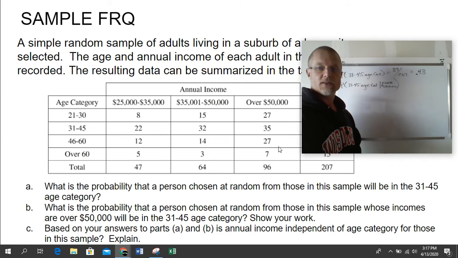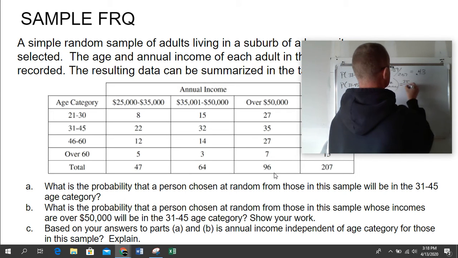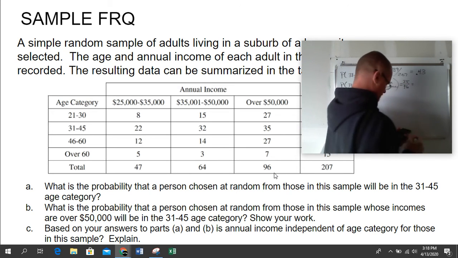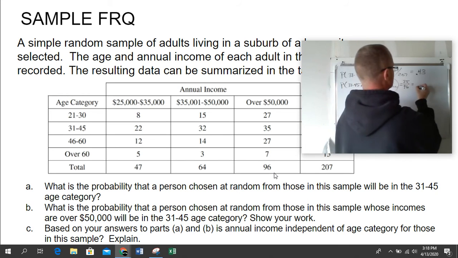I'm just looking at this part of the population right now. That's going to be 35 over 96. So I take 35 divided by 96, and that is 0.36.